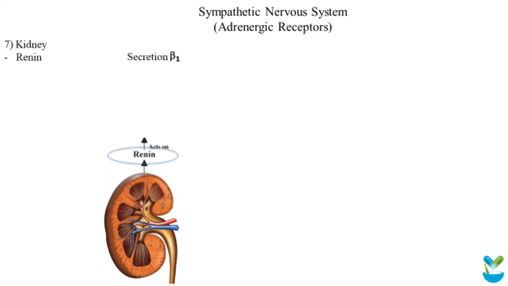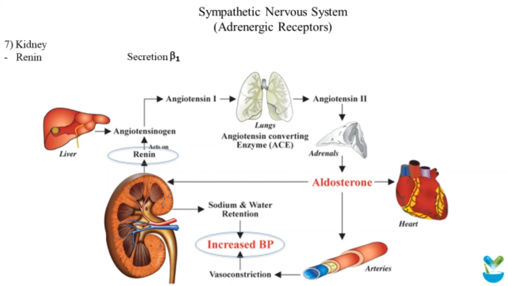This release of renin activates the whole renin angiotensin system, which involves a few more organs other than the kidney. This whole renin angiotensin system will be explained later in upcoming videos, so stay tuned. But the final response of activation of this system results in vasoconstriction and raises the body blood pressure.